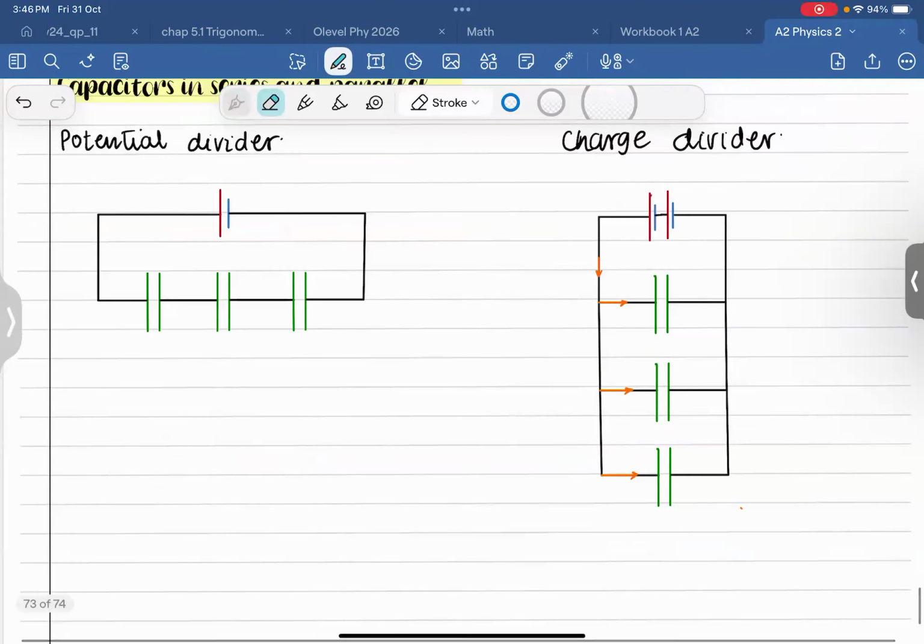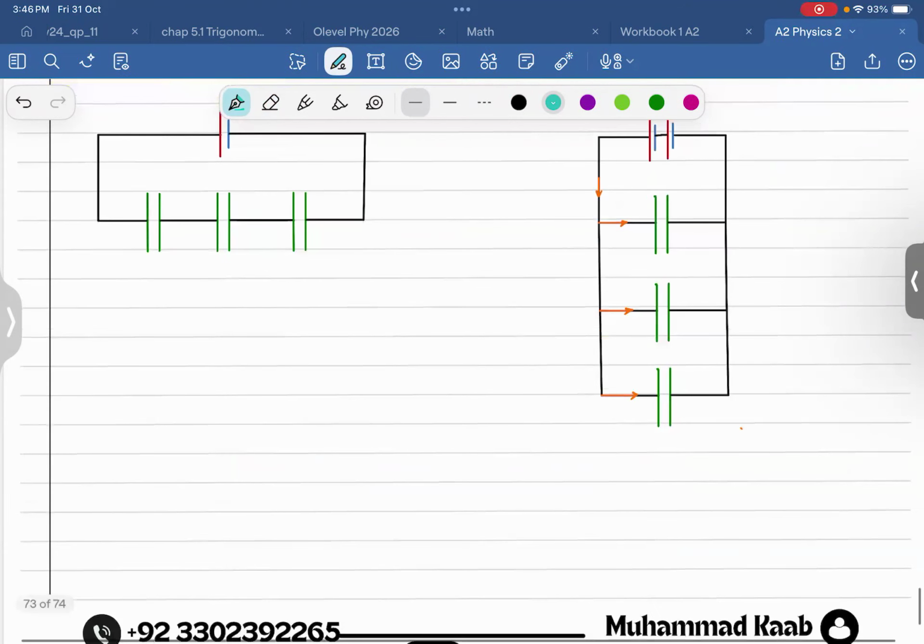The first thing you need to recall is the concept of circuitry that you studied in your AS level, that is, series and parallel circuits. In a series circuit, the current remains the same.